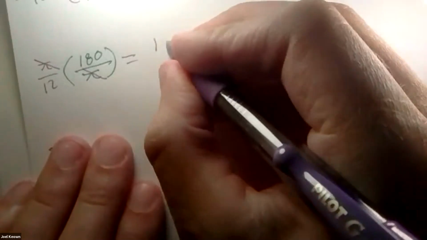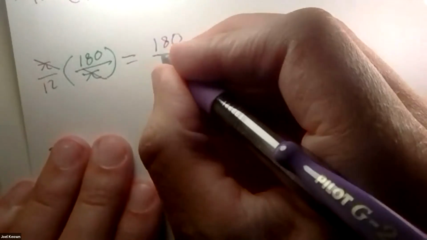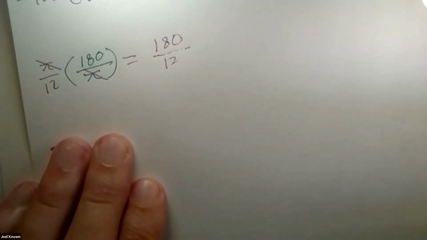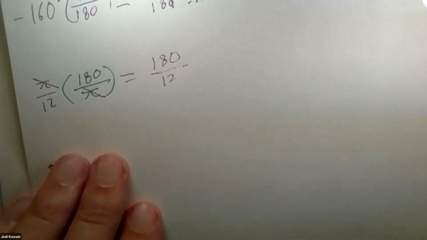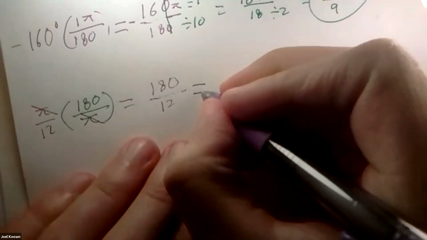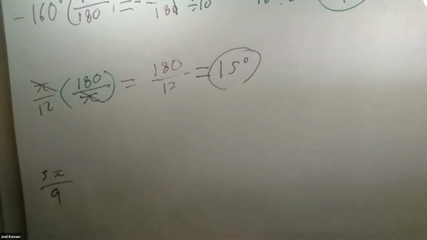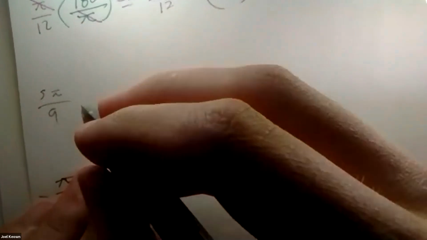So now I have 180 over 12. I'm going to type that in my calculator. 180 divided by 12, and I come up with 15 degrees. All right. How about 5 pi over 9?